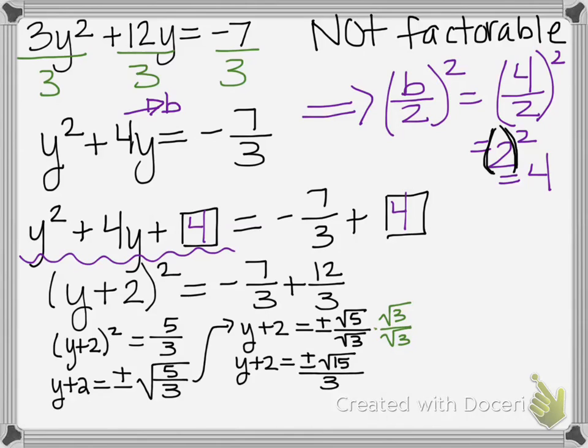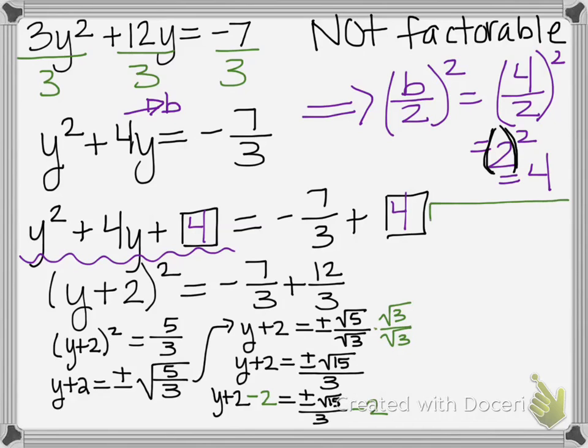And now what I have to do is subtract 2 from both sides. So this is going to give me y plus 2 minus 2 equals plus or minus square root 15 over 3 minus 2.